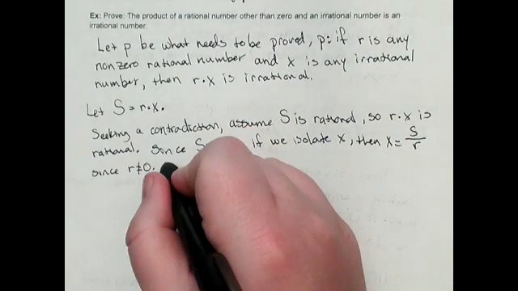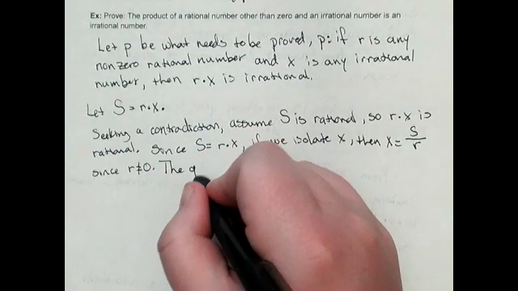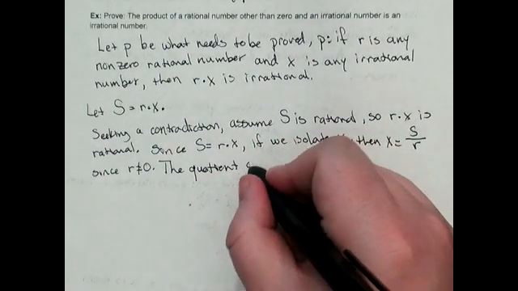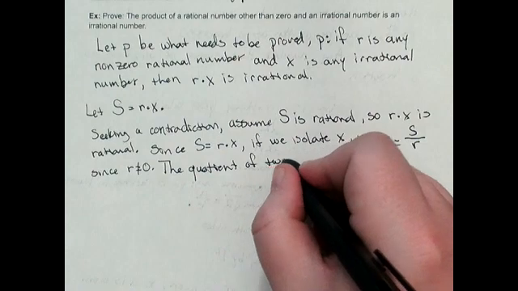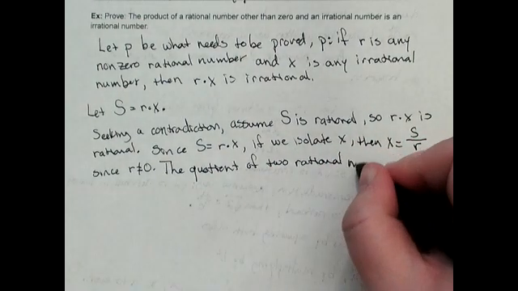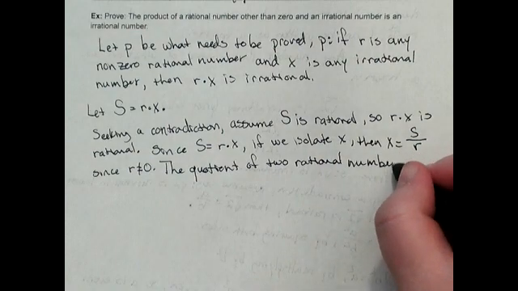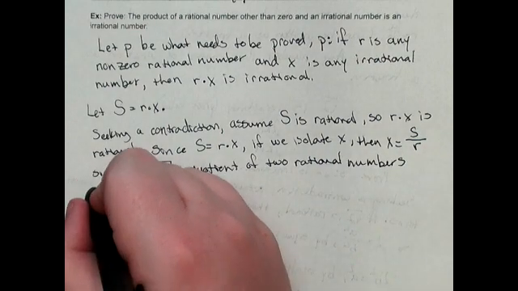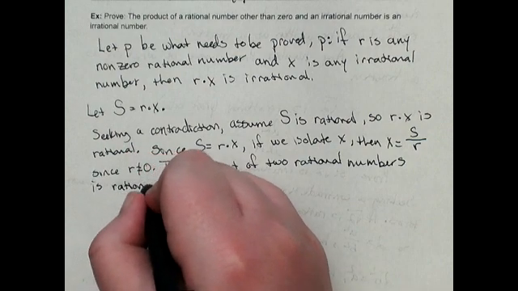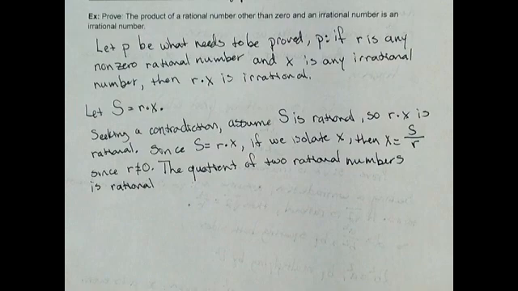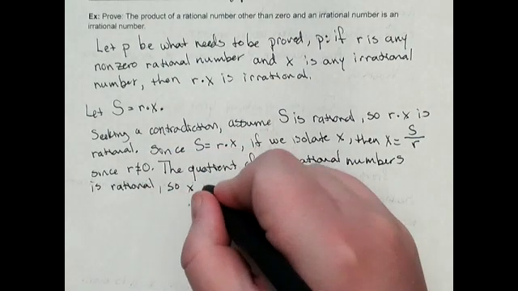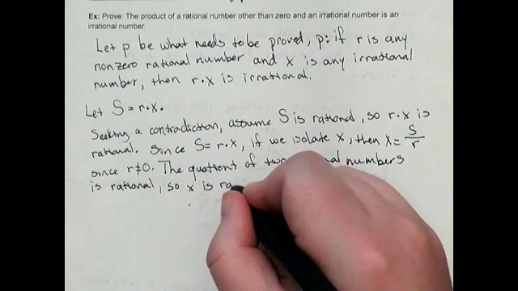Now the quotient of two rational numbers is itself rational. So x has to be rational.